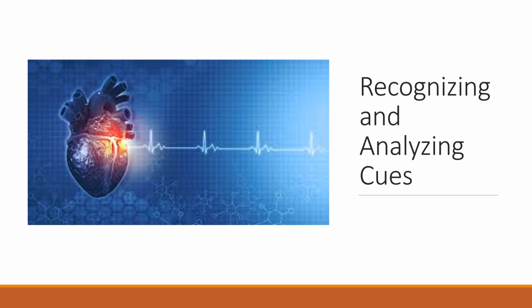The onset of shock can be rapid or it can be slow, depending on the underlying cause and severity. So different symptoms that we begin to see are in the cardiovascular system: we have decreased cardiac output, an increased pulse rate, and that pulse becomes thready. The heart rate is increased because it's trying to get blood perfused to all of the tissues.